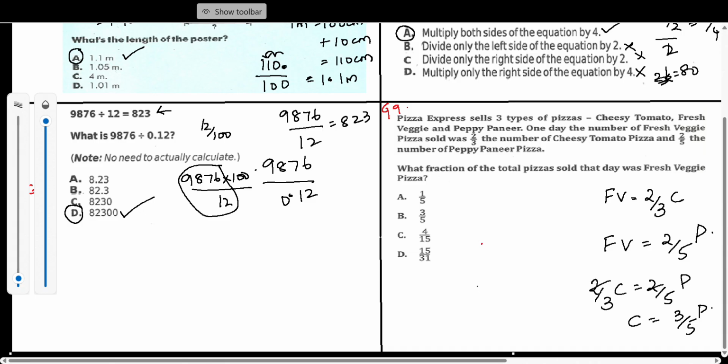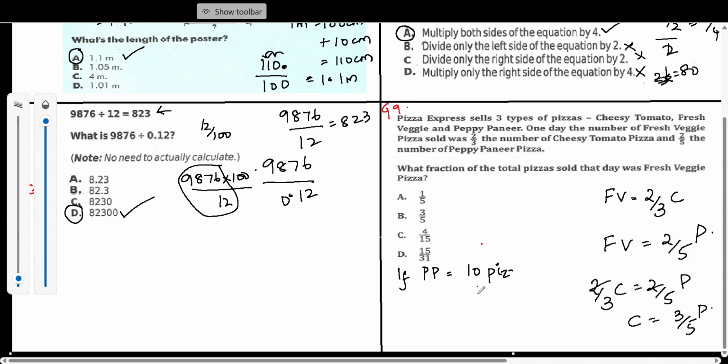So, total pizzas we cannot say, but since we have an estimate for the cheese, for the veggie in terms of the cheese and paneer, let us assume that if peppy paneer, the number of pizzas was 10. Since the denominator is 5, I am taking 10 so that it will easily get cancelled. So I am saying number of peppy pizzas is 10.